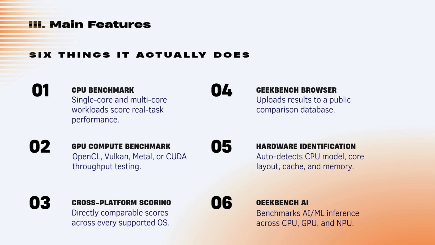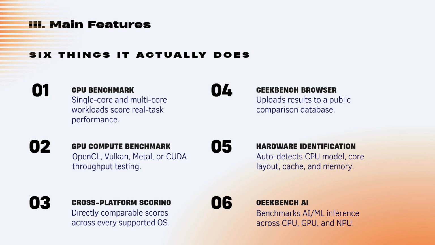Another useful feature is the Geekbench browser, where benchmark results can be uploaded and compared with millions of other devices. It also automatically identifies hardware information including the processor model, number of cores, cache, and memory.